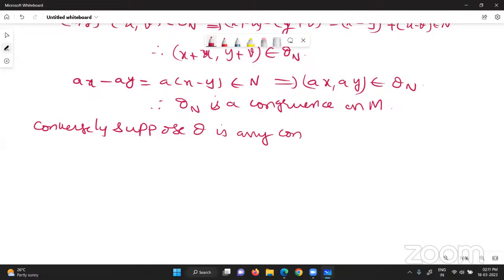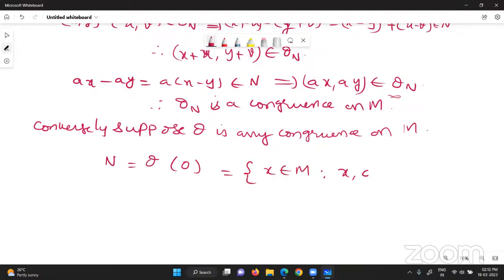We prove that any congruence theta is of the form theta n. Any congruence on M. So put n is equal to theta of 0, which is the set of all x belongs to M such that (x, 0) belongs to theta.